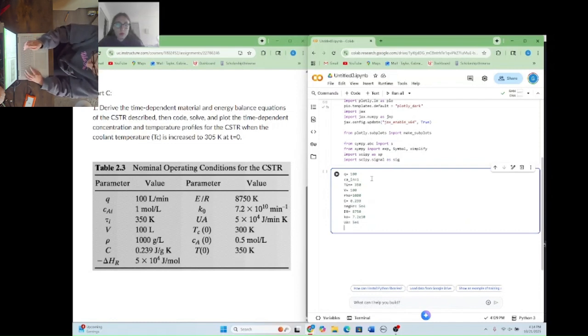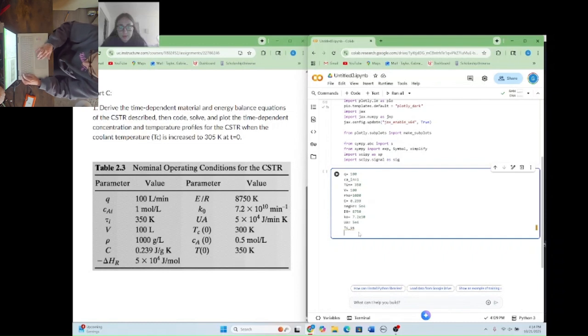And then we're going to have our initial TC at steady state, which is equal to 300.